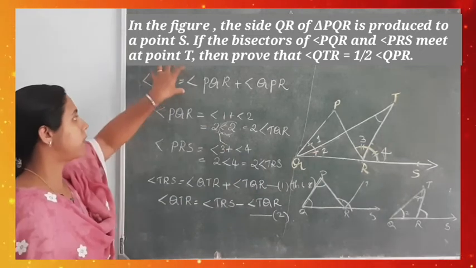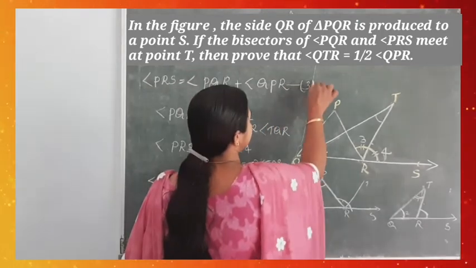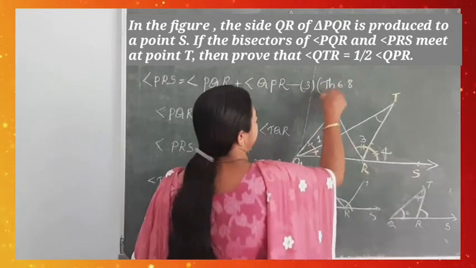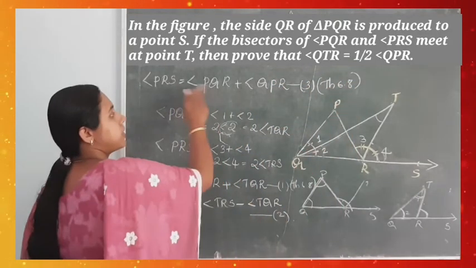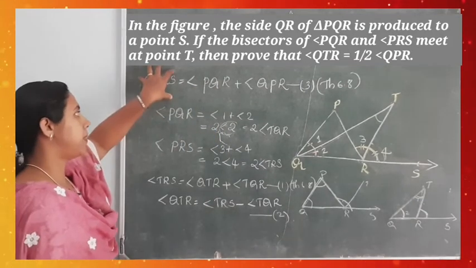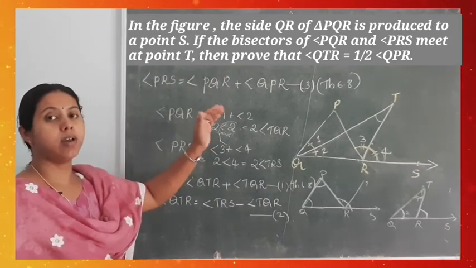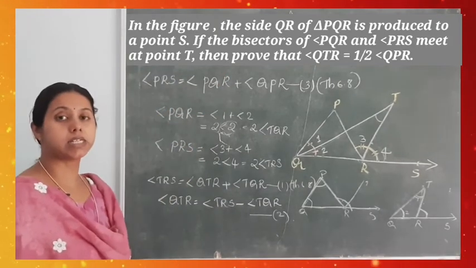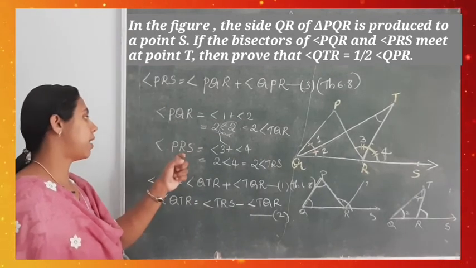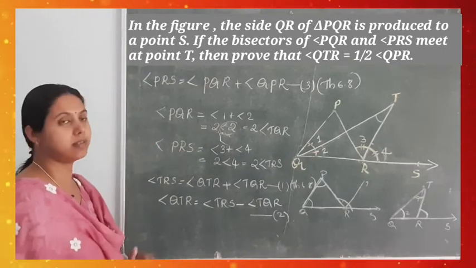So we got what is angle PRS and what is angle PQR. Substitute these two values in this equation. You can give this equation as equation 3. What is the reason? By theorem 6.8, because we are using the exterior angle property. Now we find out angle PRS and angle PQR because it's given that QT and RT are the bisectors of these two angles. Substitute these values in equation 3.